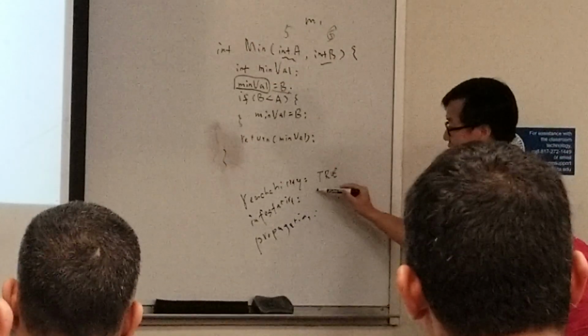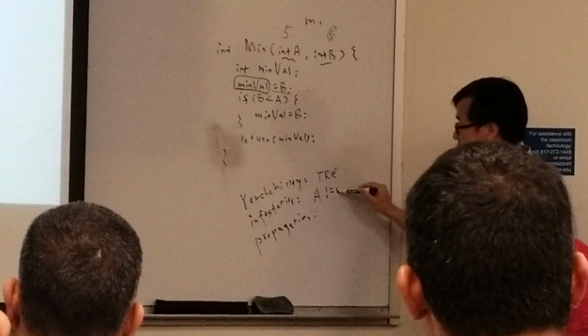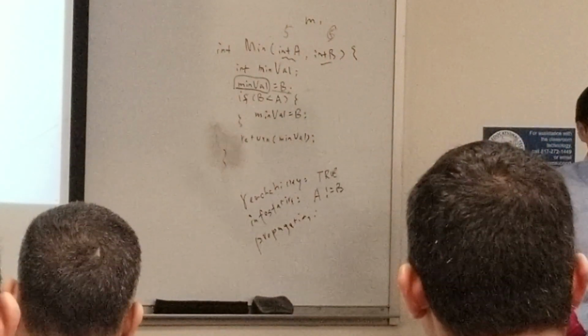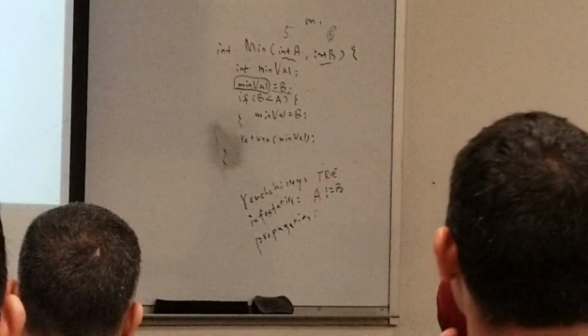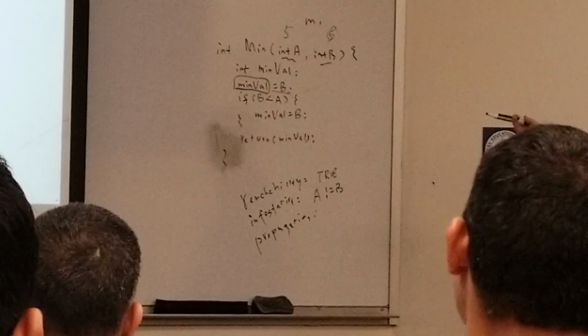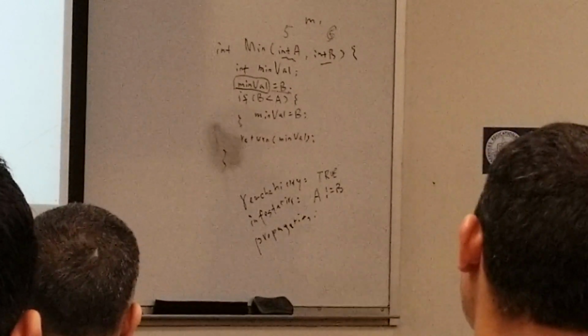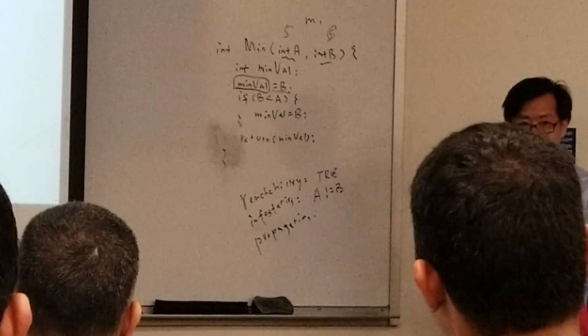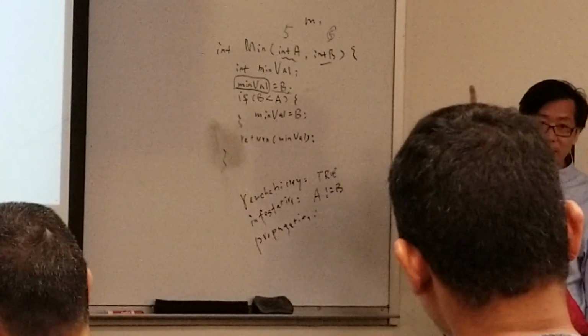So the condition is that A cannot be the same as B. If you create a test case in which A and B have the same value, I don't think you can detect this bug. Does it make sense? So this is the infestation condition: A cannot be the same as B, because you want to create an incorrect state.